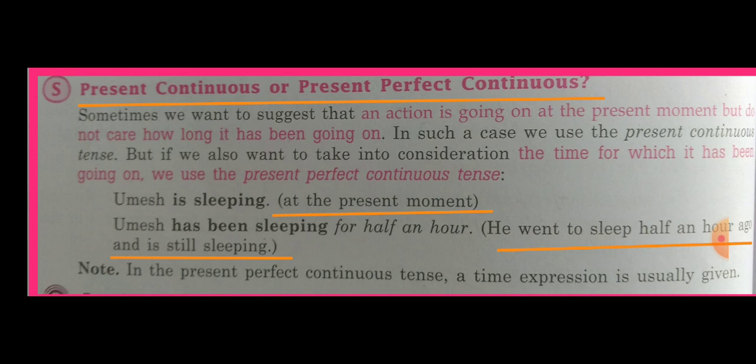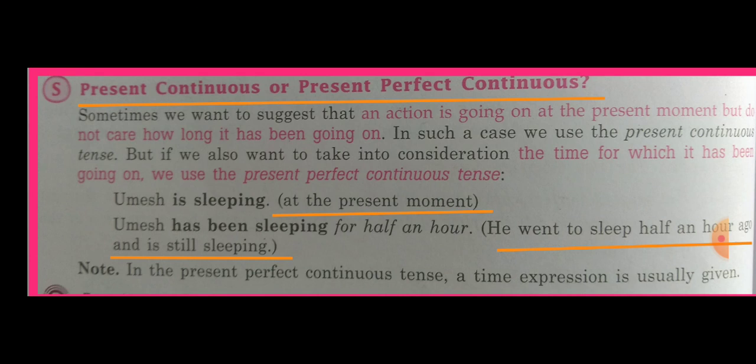Now, what is the difference between present continuous and present perfect continuous? Because continuity is there in both the tenses, the main difference is that if an action is going on at the present moment, but we do not care how long it has been going on, in such a case we use present continuous tense.